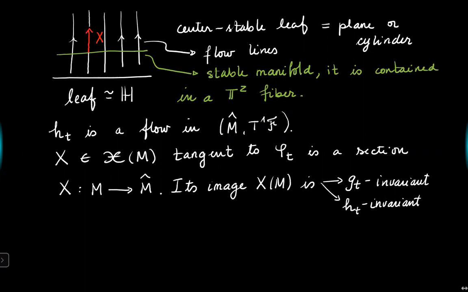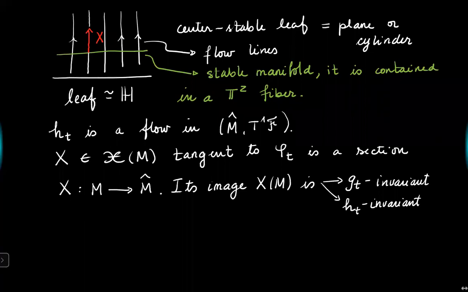And inside the manifold, which I have called M hat, you'll have an exact copy of the manifold M, which will be invariant under the geodesic and the horocycle flow and so on. So you can think inside this invariant set that the geodesic and horocycle flows are the ones that have these flow lines, which I've depicted here in white and green.